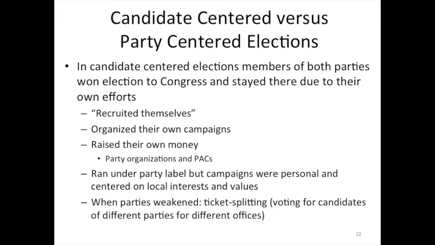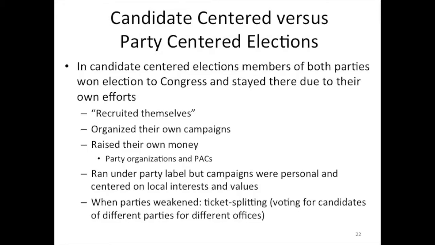So let's go back really quickly to the results of the change from party-centered elections to candidate-centered elections. The result is that members of both parties won election to Congress and stayed there due to their own efforts. Many said that they recruited themselves to run for office with only the desire to represent their districts.